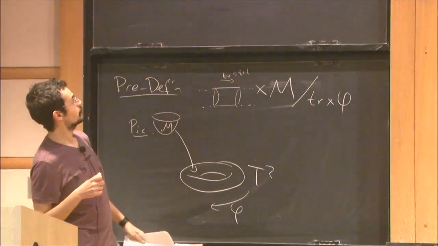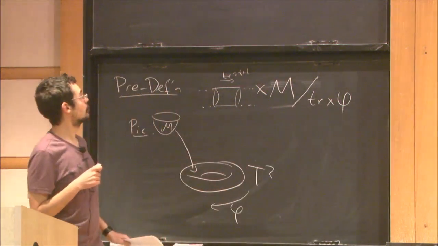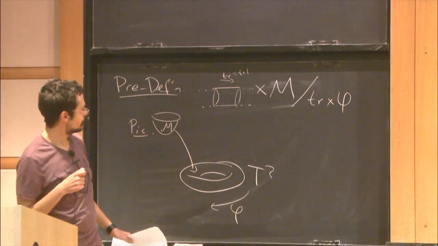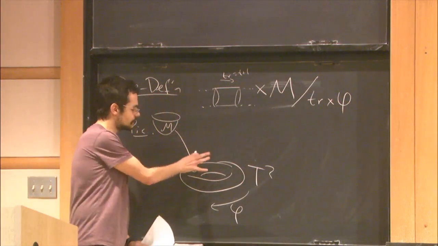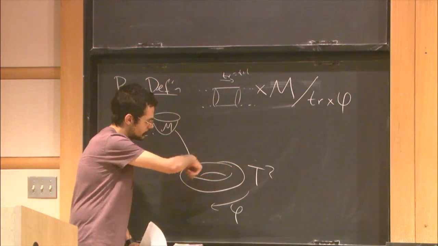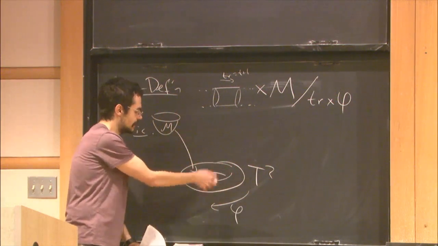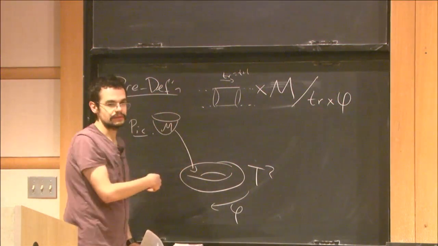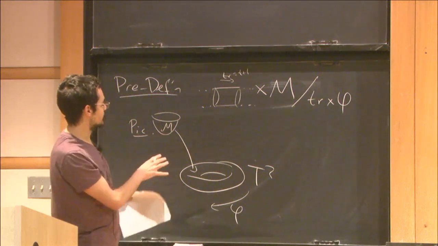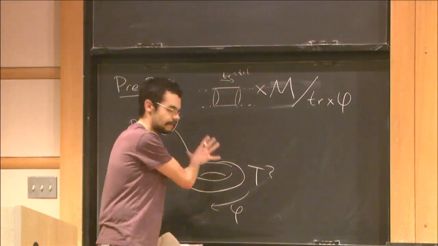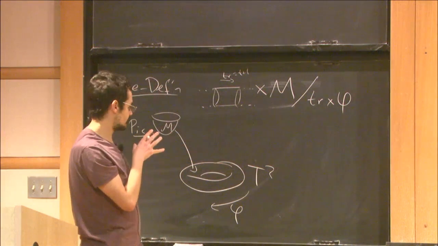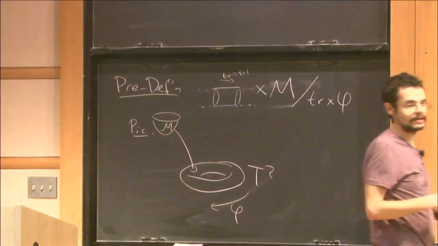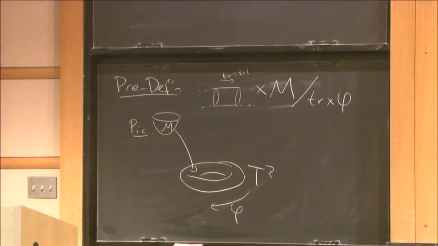What this means is you can pick phi in any component of the symplectomorphism group of M, and when you make this construction and follow the flow in this direction, you will find the action of phi on each fiber. So somehow this construction embeds phi into the identity component of the symplectomorphism group of something else.